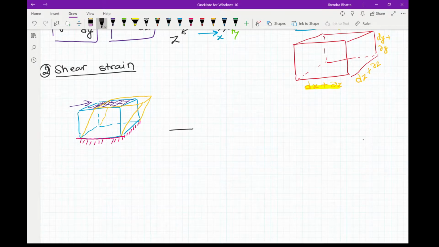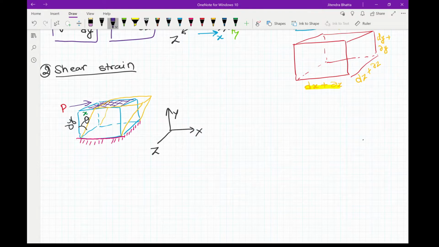This is the x direction, this is the y direction, and this is the z direction. In this deformation, due to applied force, let's say P, it deforms by an amount x in the x direction when the original height of this element is dy, and this is our angle theta, which is very small.